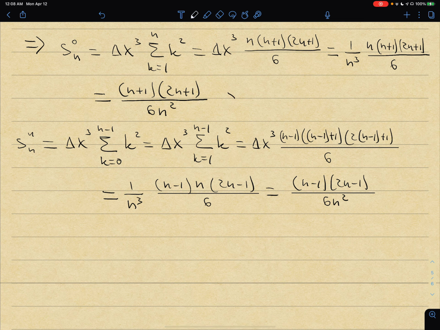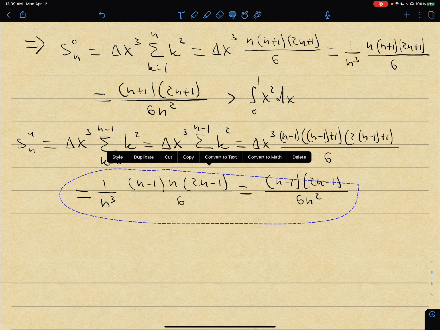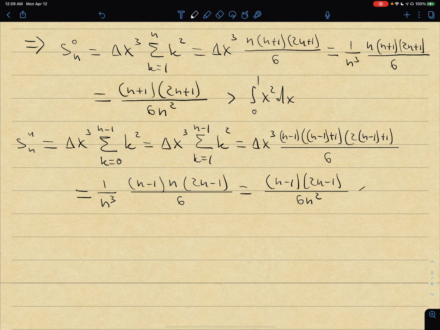So this should be greater than the integral from 0 to 1 of x squared dx. And underestimation, of course, must be smaller. So this number is less than the integral from 0 to 1 of x squared dx, right?